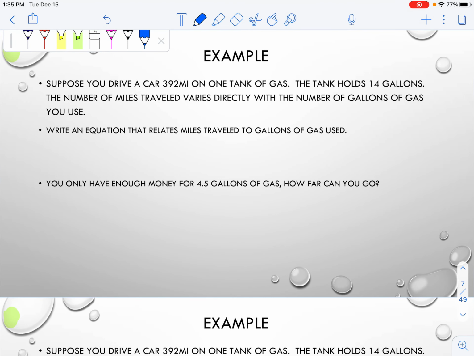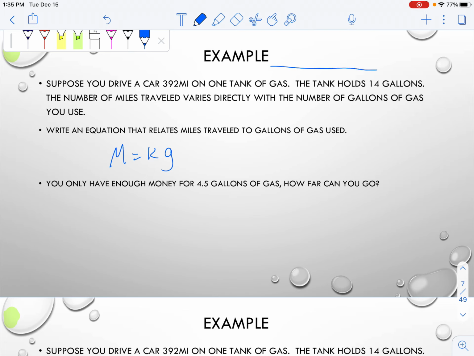Suppose you drive a car 392 miles on 1 tank of gas. The tank holds 14 gallons. The number of miles traveled varies directly as the number of gallons. So there's our equation that relates the miles traveled to gallons of gas used. You only have enough for 4.5 gallons of gas. How far can you go?